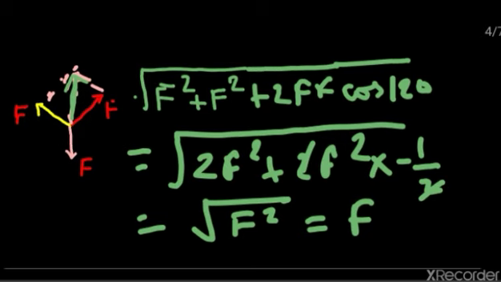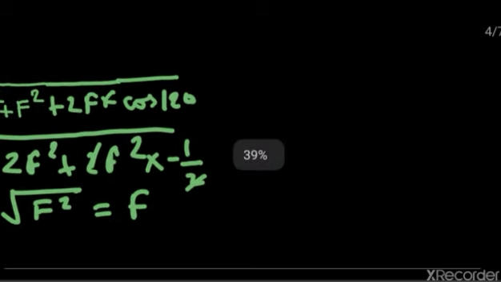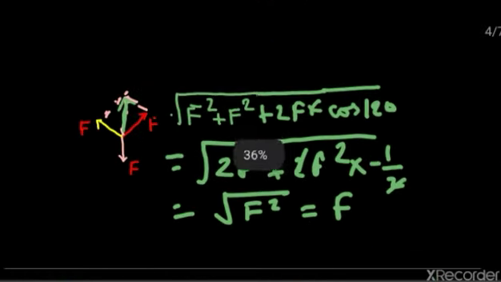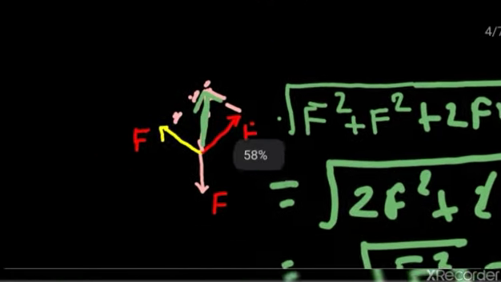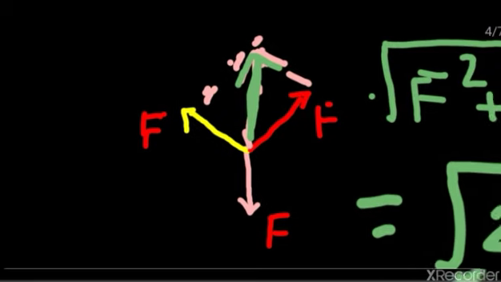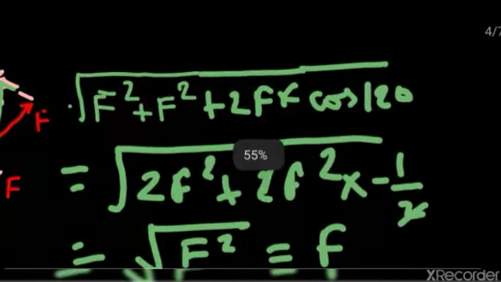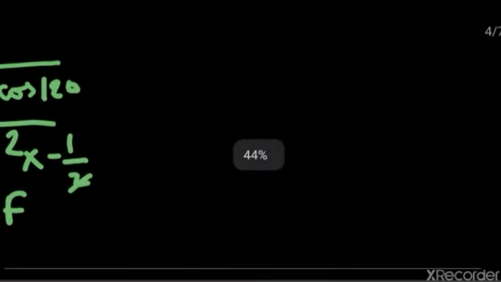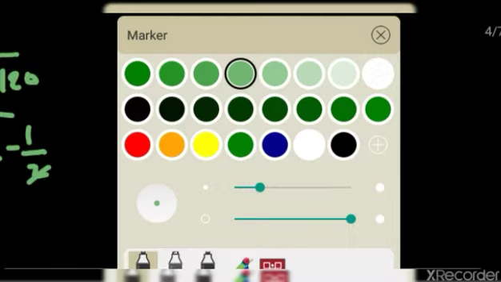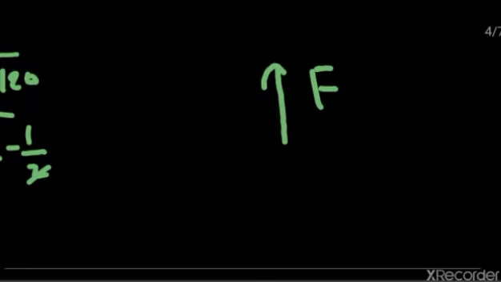So we got the resultant of these two vectors. Finally I can replace this red and this yellow vector with this green vector. We are left with only two vectors: this green vector F and the pink one which was at the bottom.